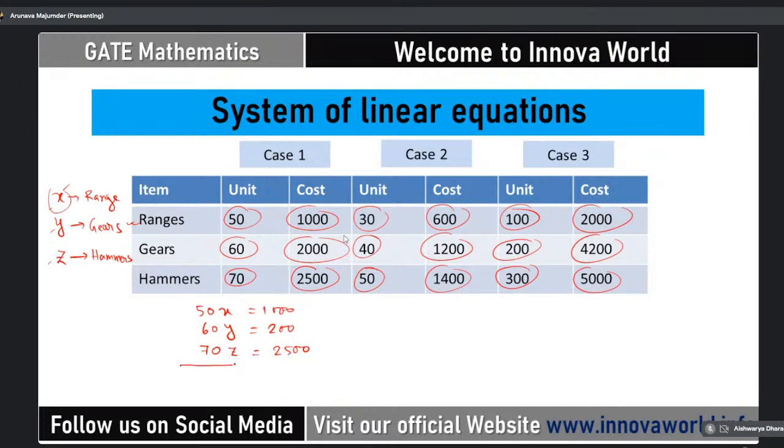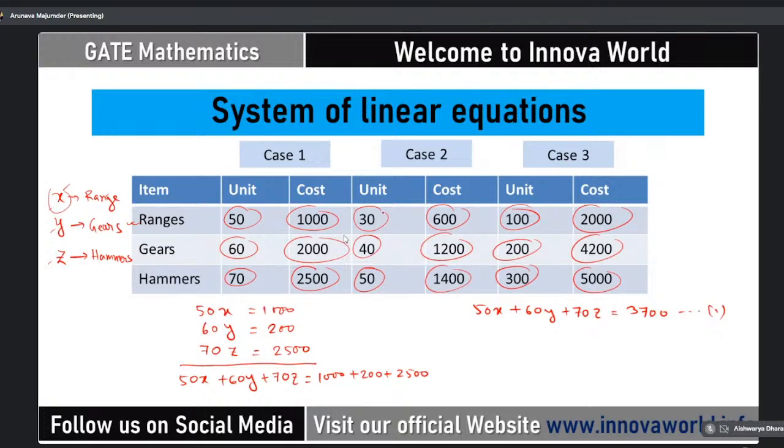So if I add these three equations, we get 50x plus 60y plus 70z equal to 1000 plus 2000 plus 2500. This is the total cost. So 50x plus 60y plus 70z is equal to 5500. So this is equation number 1, the first equation we can form here.